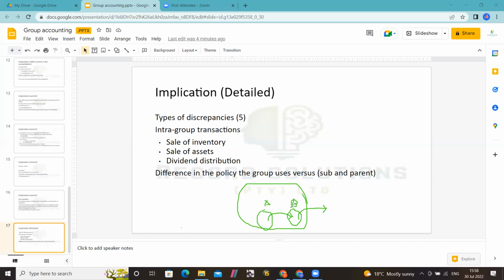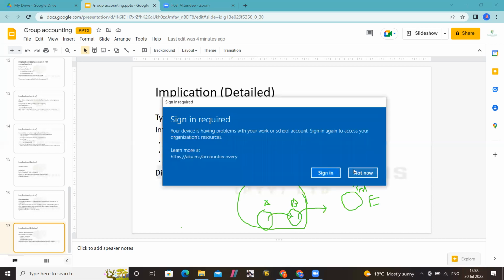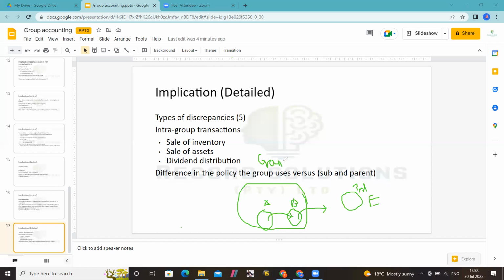So we have third parties here, let's just call this entity E. It sells it to entity E. So this is the A group.